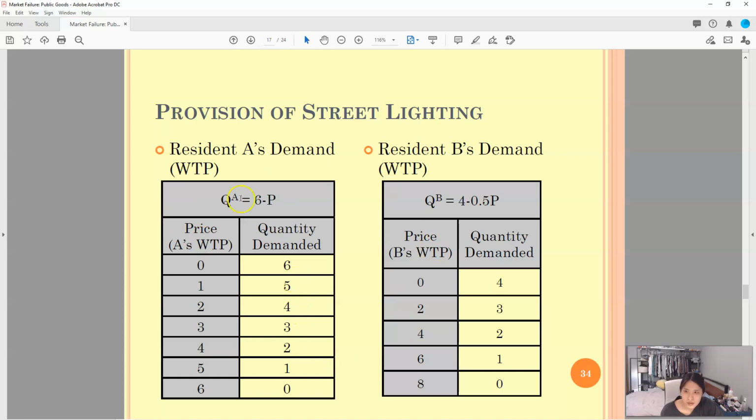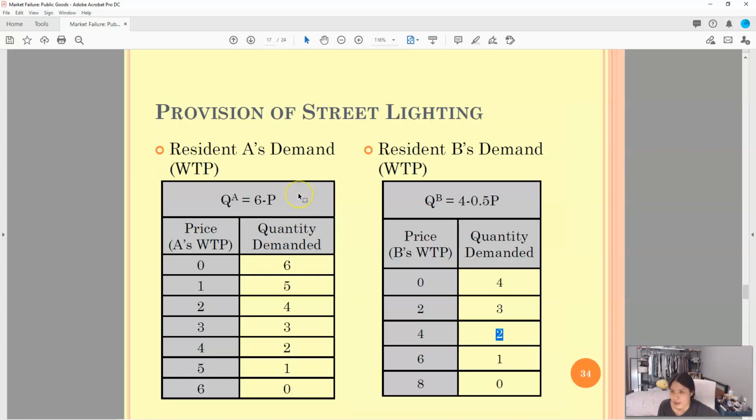I think those 2 tables are very easy to understand. For example, when the price is equal to 1, the quantity demanded for A would be 5, because 6 minus 1 is equal to 5. When the price is equal to 4, the quantity demanded for B is equal to 2, because 4 minus 0.5 times 4 is equal to 2, right?